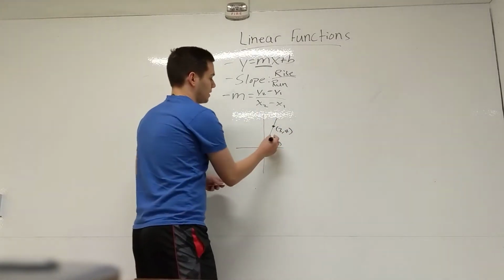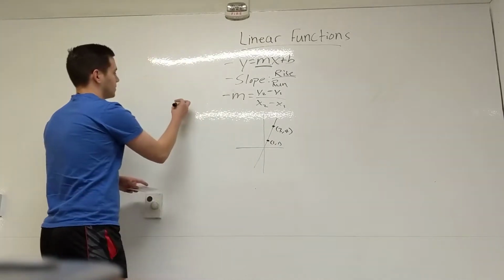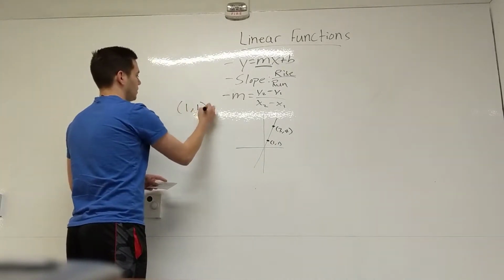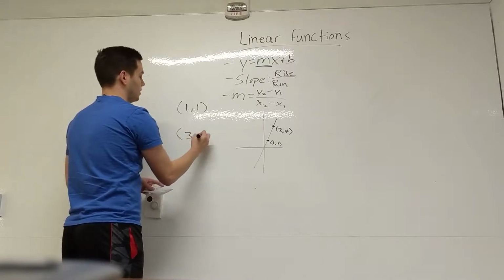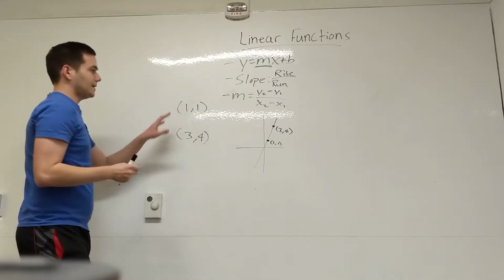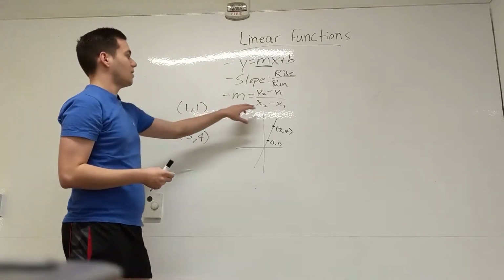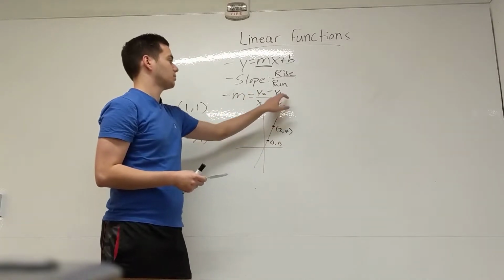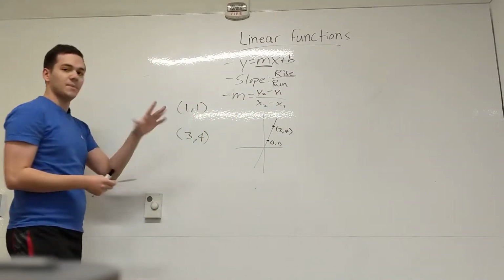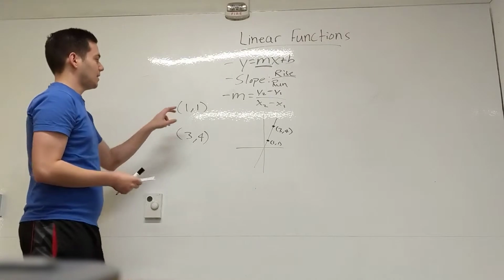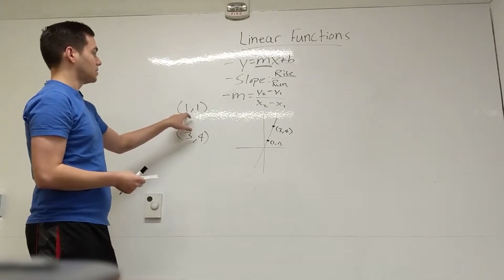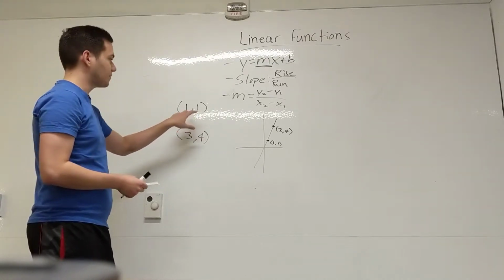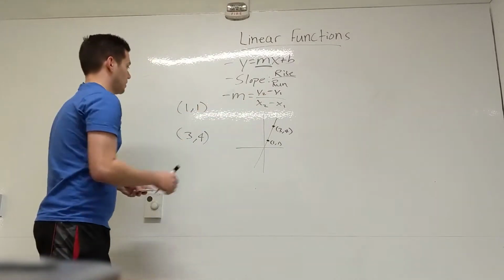And for the 2 points, 1, 1, and 3, 4, it doesn't matter which ones you count as x2 and y2 or x1 and y1. It doesn't matter, but you can't mix them. You can't say that this is x2 and this is y1. They both have to have the same subscript.